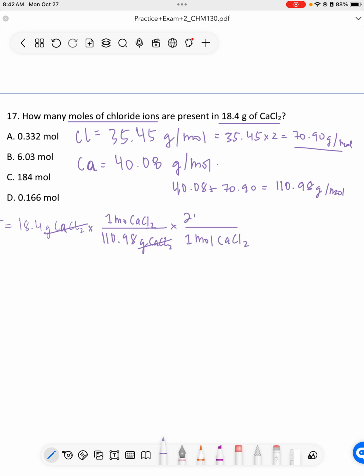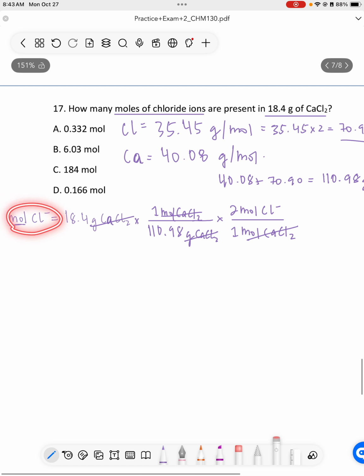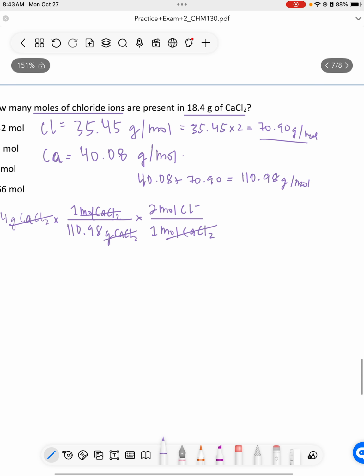There are 2 moles of chloride ions. Okay, so we can cross off moles of calcium chloride, and we have moles of chloride on top, so we're gonna wanna stop here.